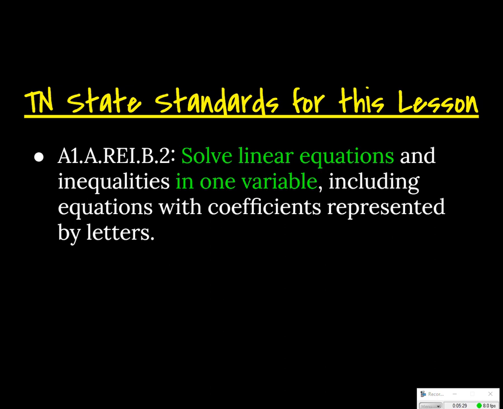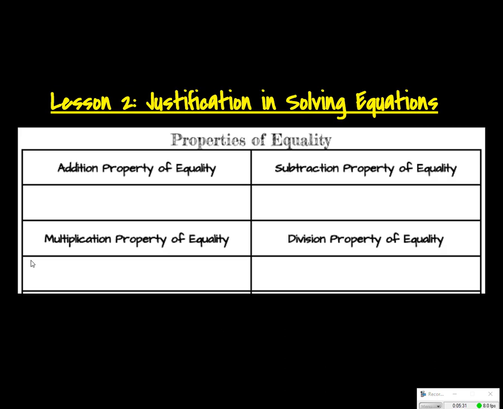All right, so here is a table, and you can make this table in your notes if you like, the exact same way, or you can do it where it's just one column. I leave that up to you. But underneath each of these titles, we are going to add what the actual property of equality is saying.